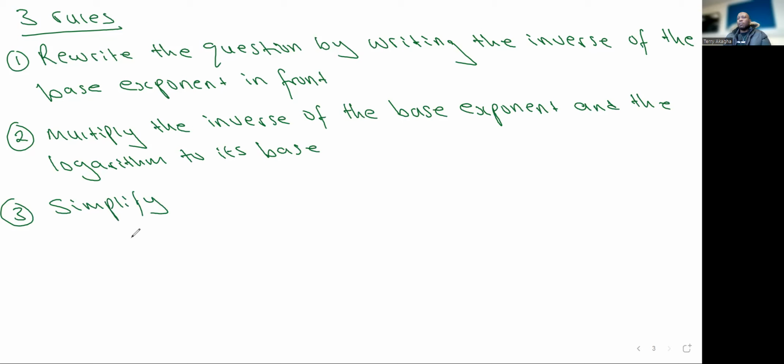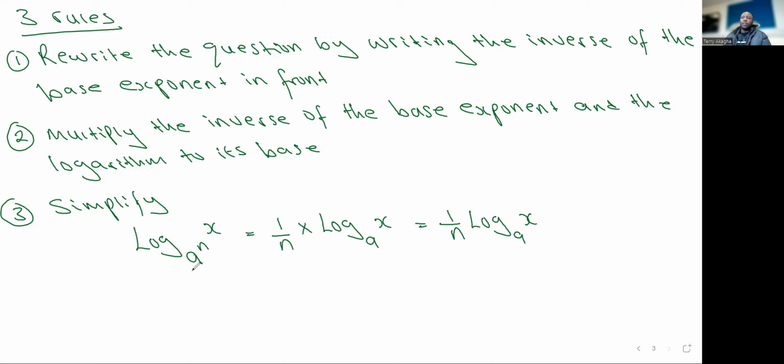So basically, if, for instance, you have log to base a to the n of x, the exponent here is n, the inverse of that is 1 over n multiplied by log of x to base a. Then this is going to give you 1 over n log x to base a, all right? Now, you can also apply this if you have the log to base e, or ln.